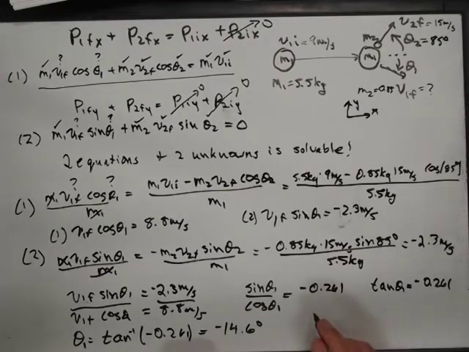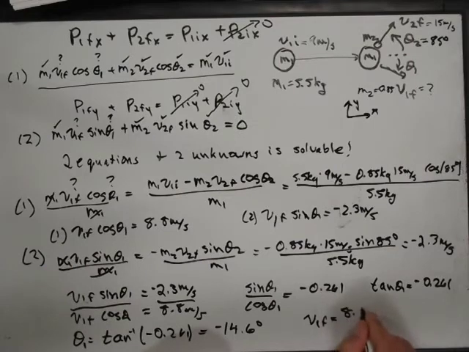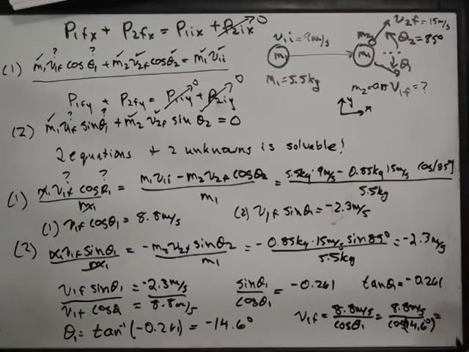Then I can grab this equation: V1 final is equal to 8.8 meters per second over cosine of 14.6 degrees, and that gives me 9.12 meters per second.